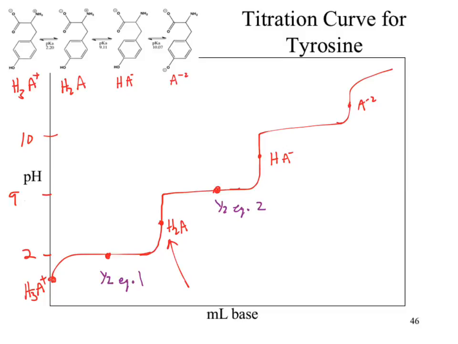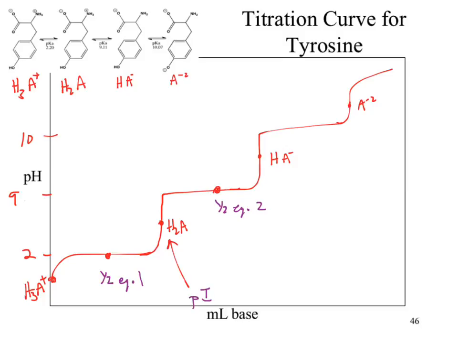Begins with an I. Isoelectric. The point at, or the pH at which my amino acid has no charge, or no overall charge, is known as the isoelectric point. Okay.